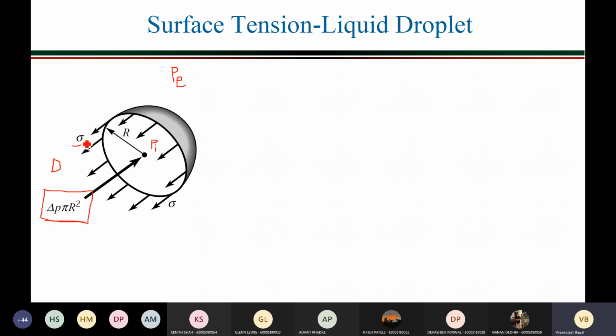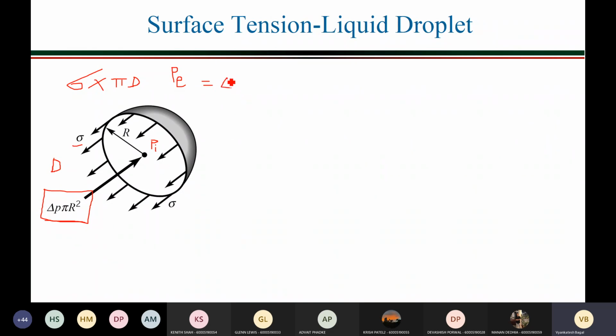Now what is surface tensile force? Sigma is the surface tension. So sigma multiplied by this circumference on which it acts, let us call it pi d. So this must be balanced by this pressure force.